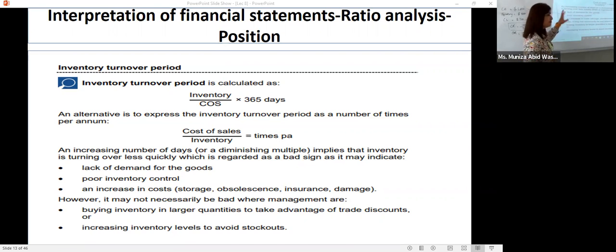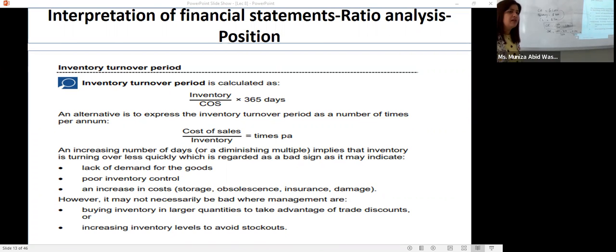And it can bring disadvantages such as an increase in cost. The more the inventory, the more the storage cost. The more the disadvantage regarding obsolescence will be there, and higher insurance charges and higher chances of damages will be there. However, it may not necessarily be bad where management are buying inventory in large quantities to take advantage of trade discounts.